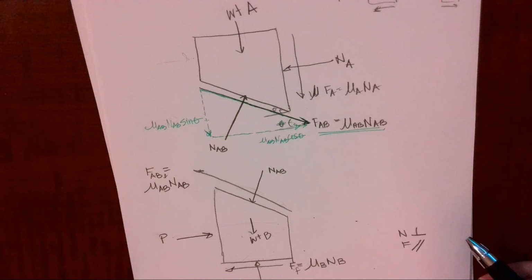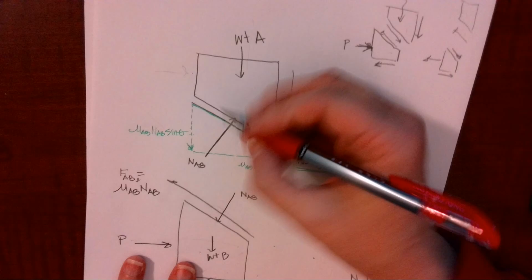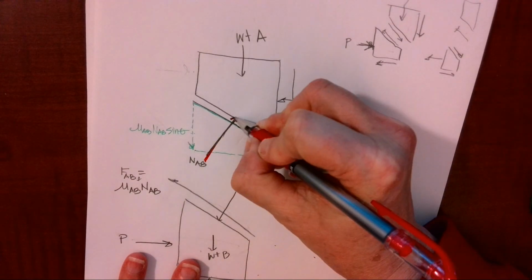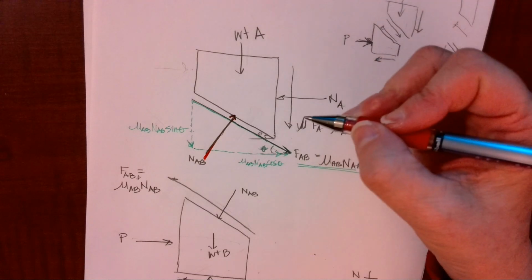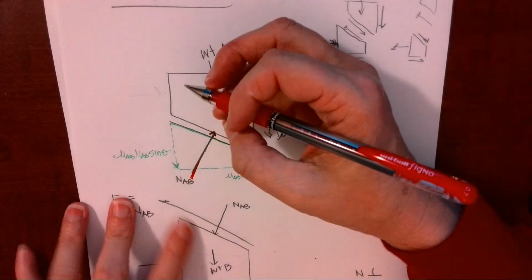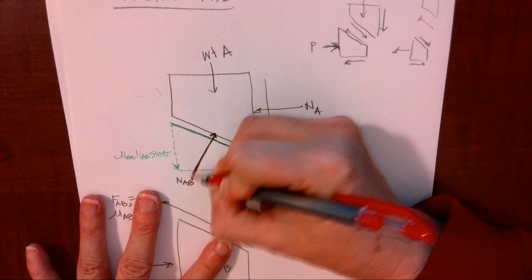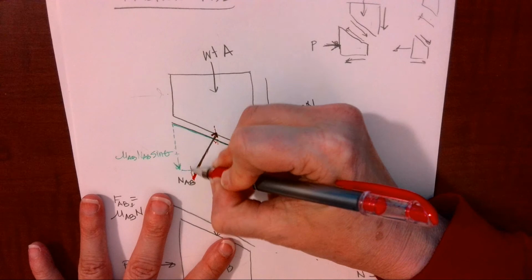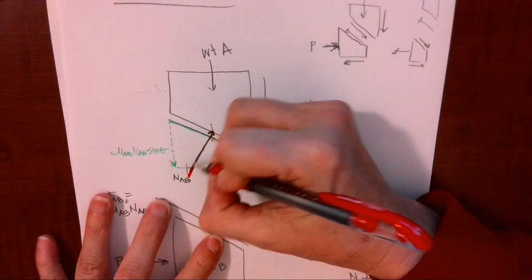Okay? So now let's look at the normal force, and we'll do it in a different color. So if this is my normal force that's pushing up, okay, it's pushing up like that, then I also can figure out that I can either look here and call a theta, or I can look here and call the theta. So we're going to call the theta right here at the bottom.